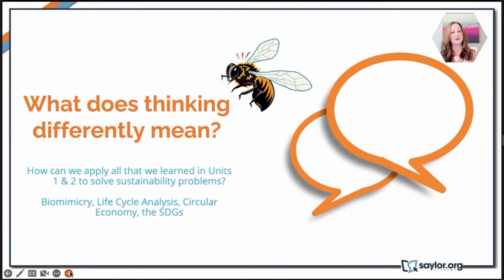Let's remember all of these things and apply it to thinking differently, so we're innovating in ways that solve problems and ideally don't create any new problems in the process. That's what we are aiming for.